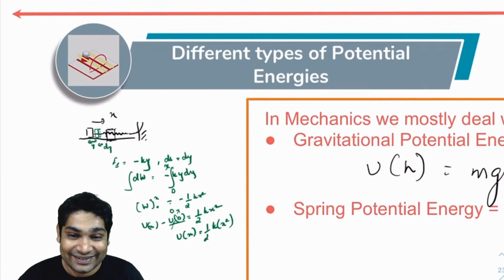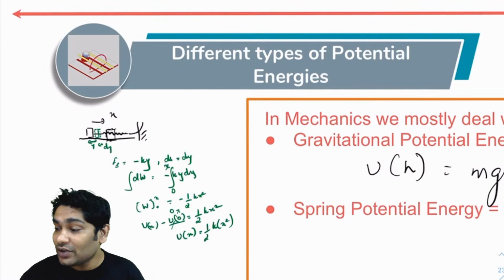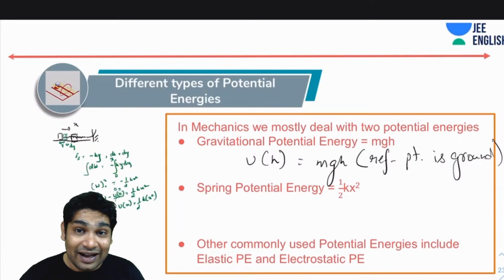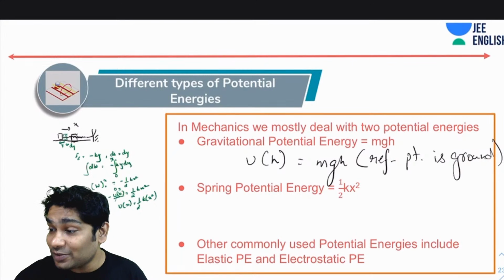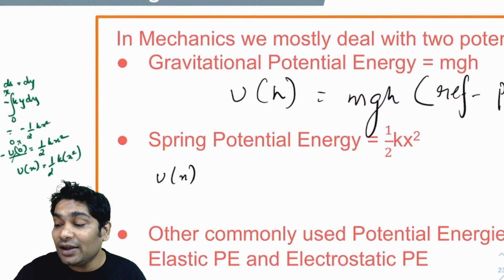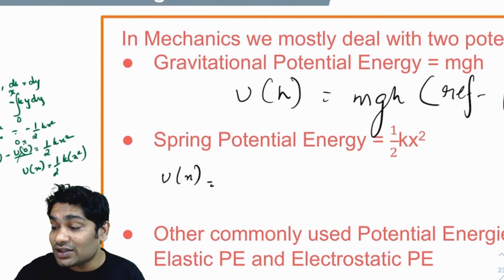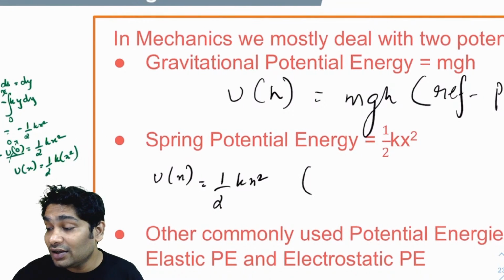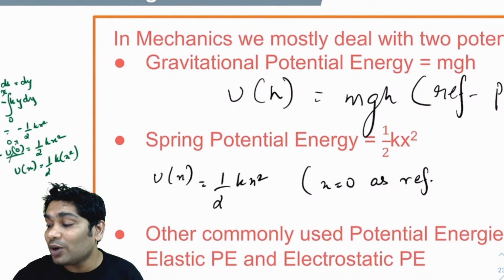Yes, Pawan, well said. So that is what we define our potential energy, spring potential energy function as. We define U at x, being the elongation or deformation, equals half kx square with x equals 0 as reference point.